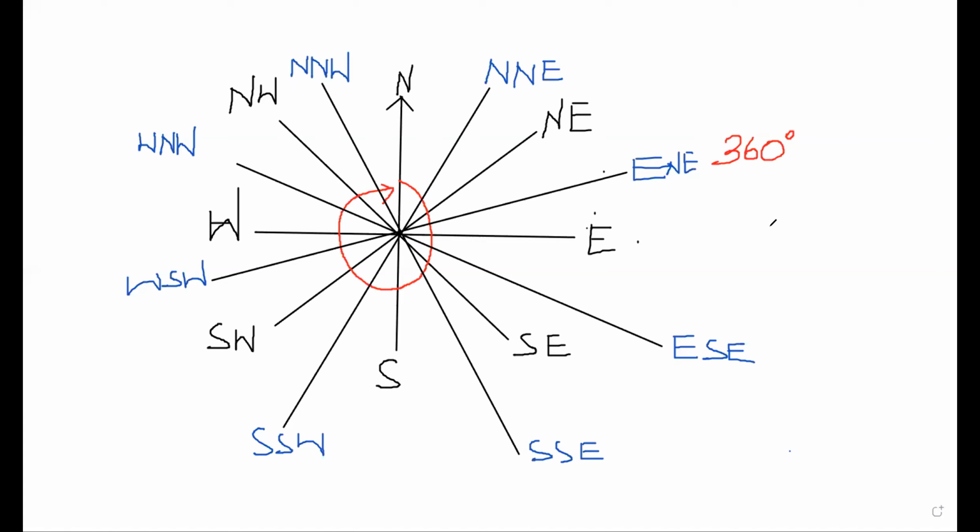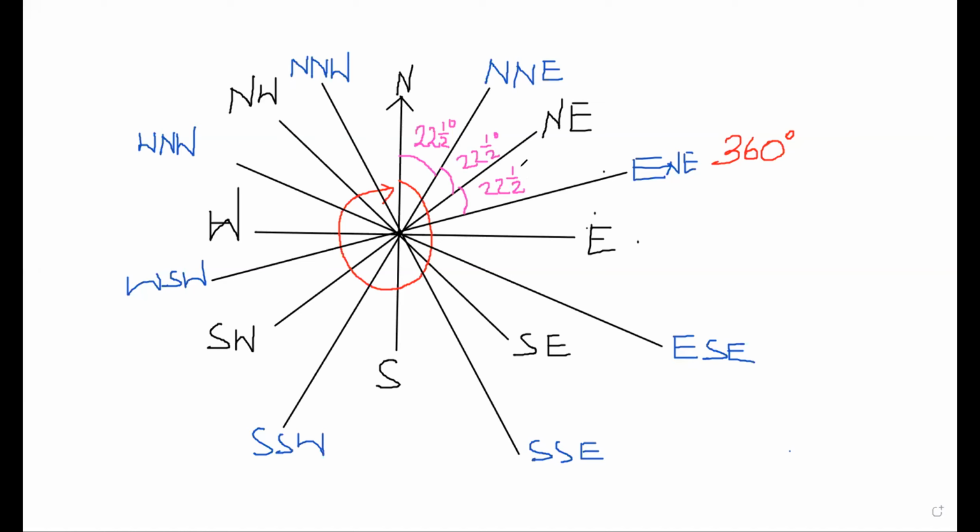Half of 90 is 45, 45 making 90. Then if you go ahead to divide this angle, when you divide 45 by 2, that will give us 22 and a half, which means that each of those angles in the 16 points of that compass has 22 and a half, or 22.5 degrees.